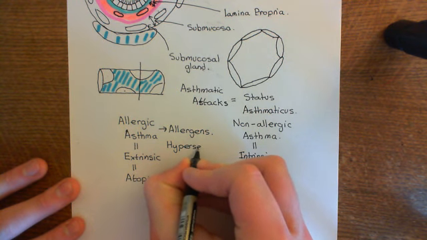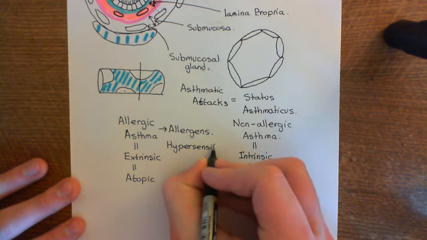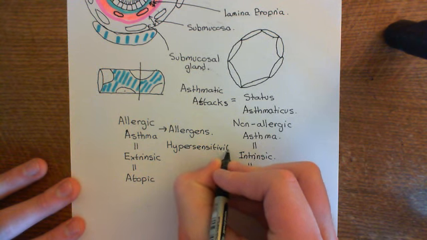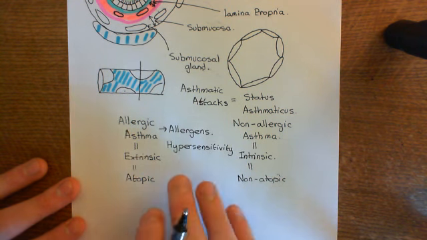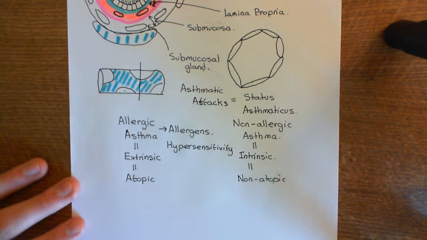A hypersensitivity immune reaction is when you initiate an adaptive immune response against, or in fact an innate immune response as well, either of them, against something that is innocuous. So it's not an autoimmune reaction.